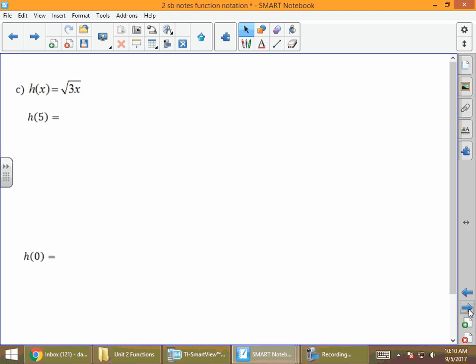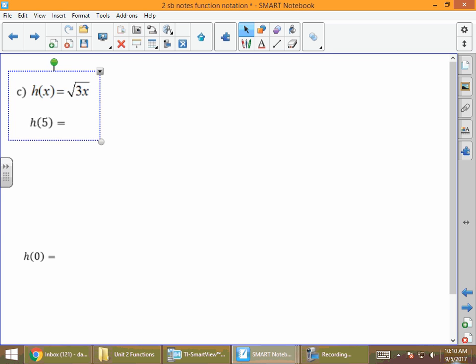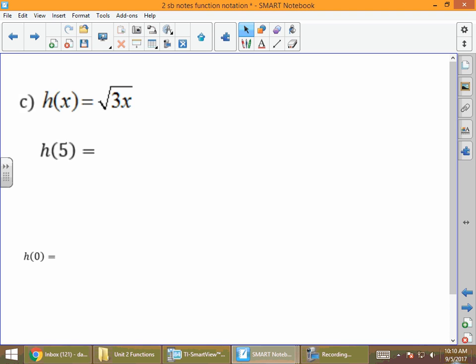So let's try one more. h of x. Again, common names of the functions are typically f, g, or h. But once again, notice where the 5 is located. h of x, then it's h of 5.